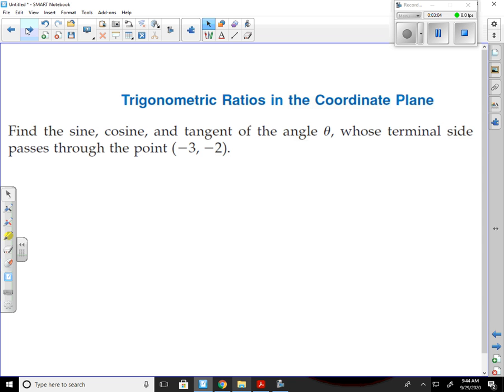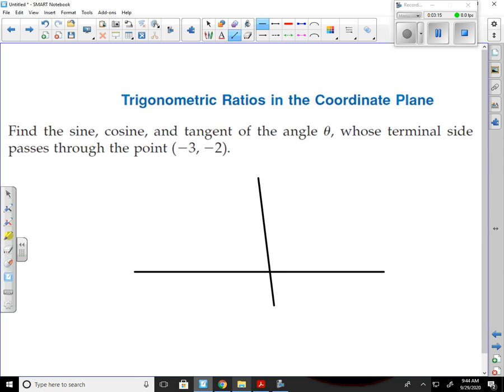So in order to do that, all I have to do is find first the radius, because if I think about this on a coordinate plane, then I go back 3 and down 2.